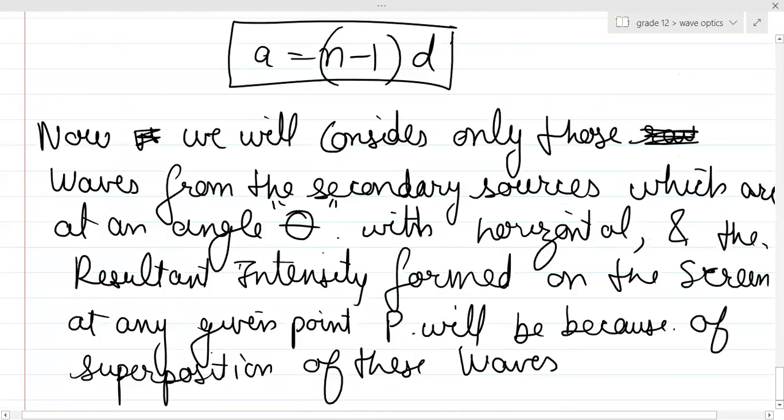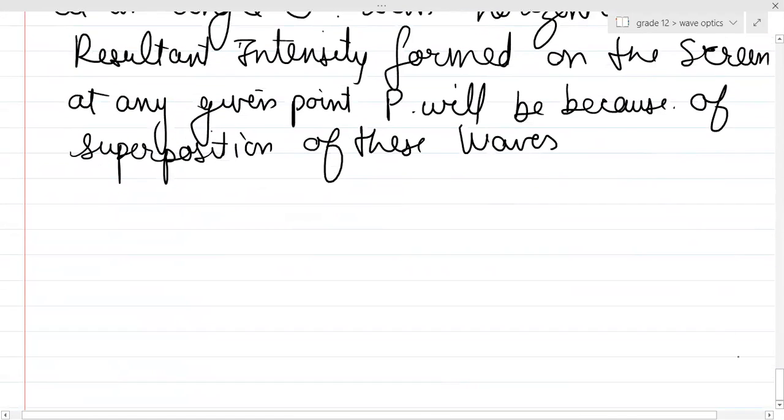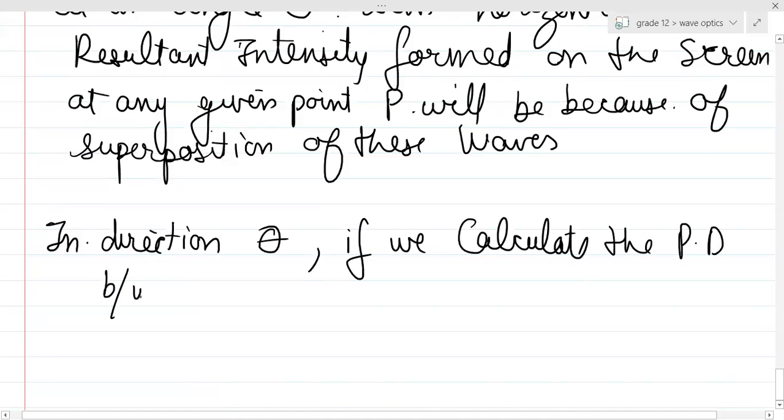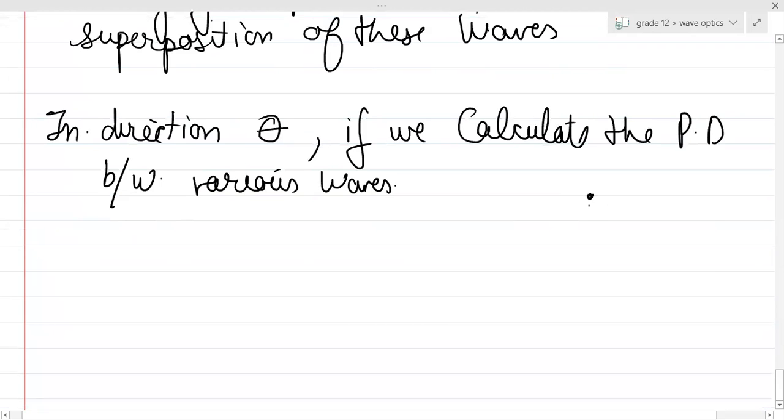So now suppose if I talk about the direction theta, if we calculate the path differences between various waves. For example, guys, do you remember this question? The whole thing is becoming like this now.